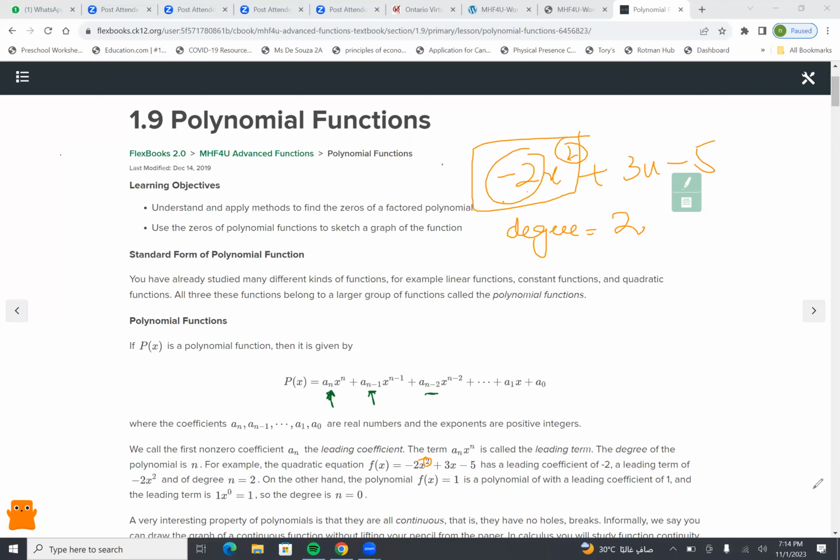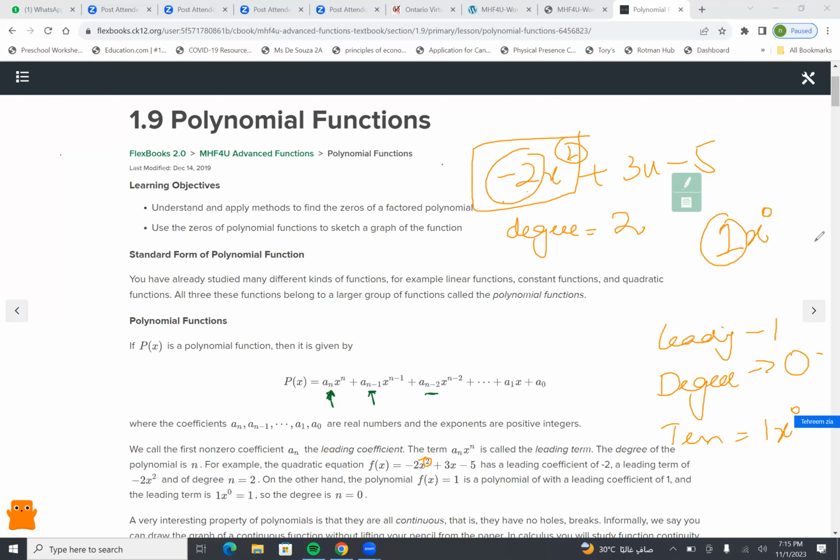If I have the polynomial 1, what is the leading coefficient? The leading coefficient is 1 itself. What is the highest power? X to the power 0 is 1, so the highest power of x is 0 and the degree will be 0. The leading term will be 1x to the power 0.